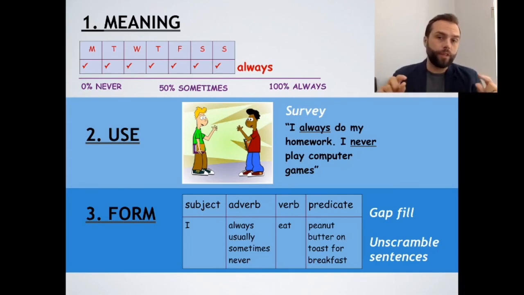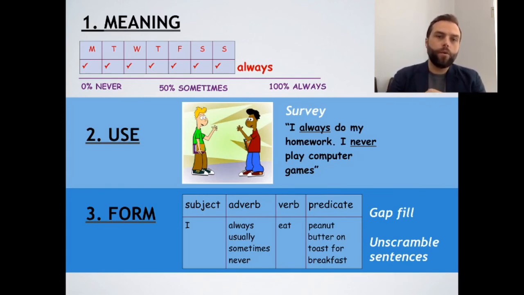Maybe they could have the questions written on a worksheet, for example, and they have to share and ask each other, how often do you blah, blah, blah. Okay, and they answer, I always do my homework, and they check on the survey. I never play computer games, and they have to check like this or write the student's name. Okay, so that's a survey activity, that's a communicative activity.